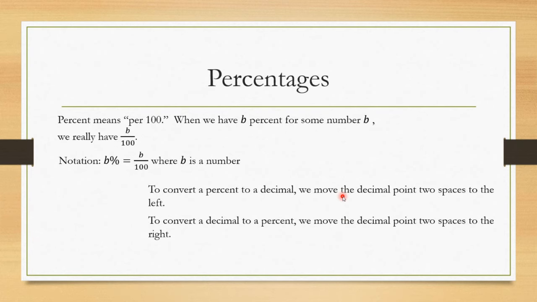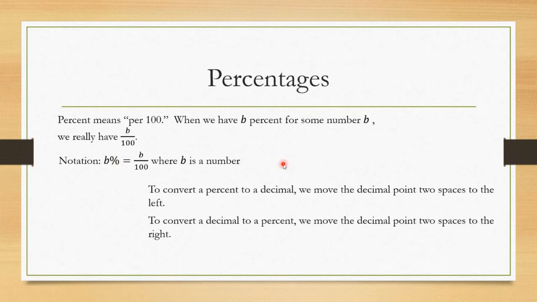And if you want to convert a decimal to a percent, you basically do the opposite, meaning you would move the decimal point 2 spaces to the right, and then of course you add the percent sign. That's what this symbol here is. It's kind of a funny looking symbol, I know.